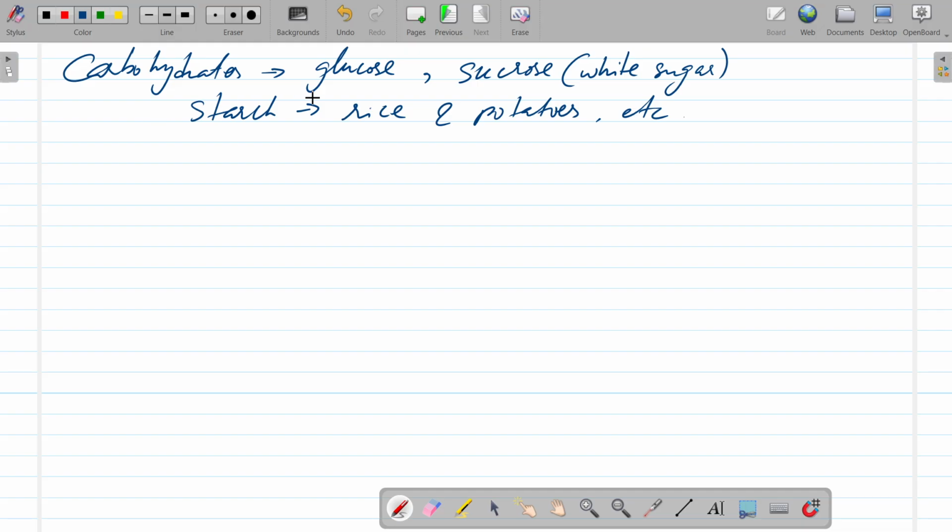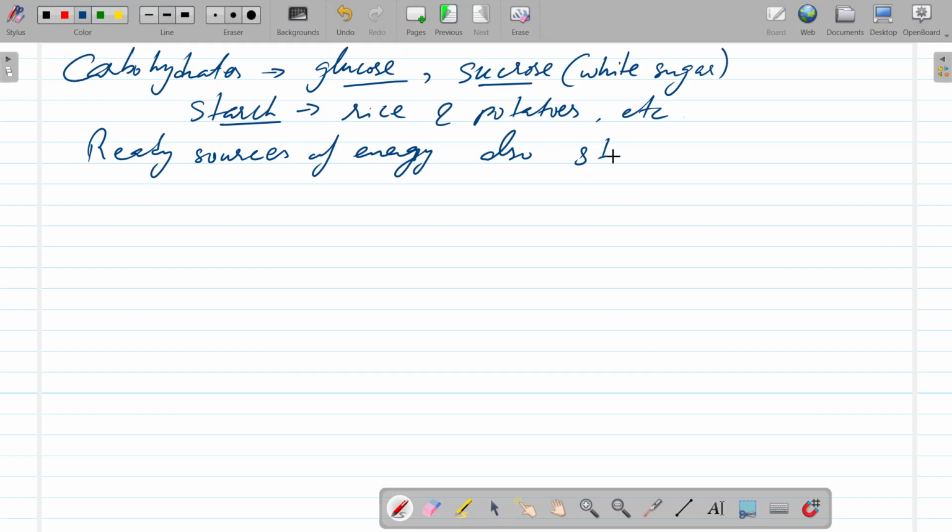And not only are these the ready sources of energy, but also a storage form.